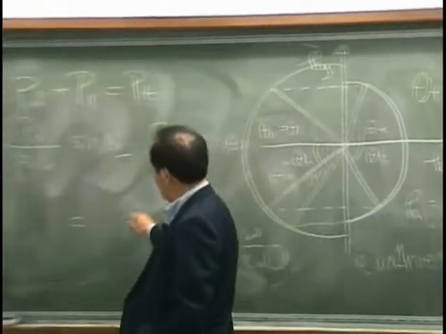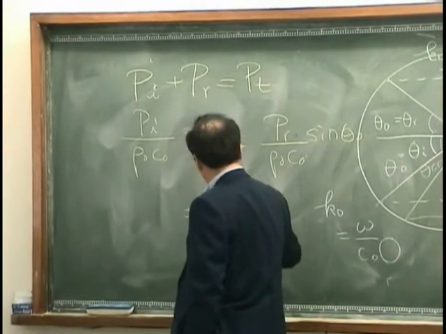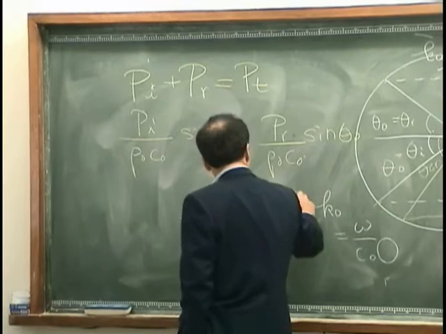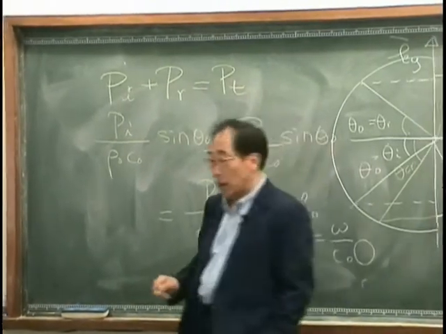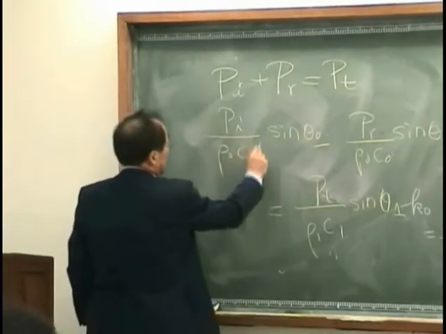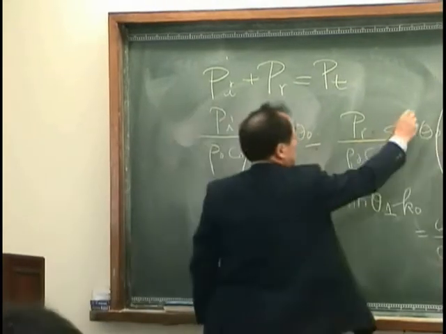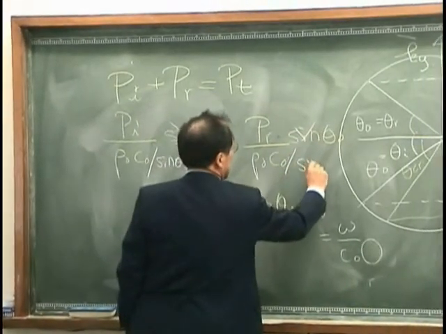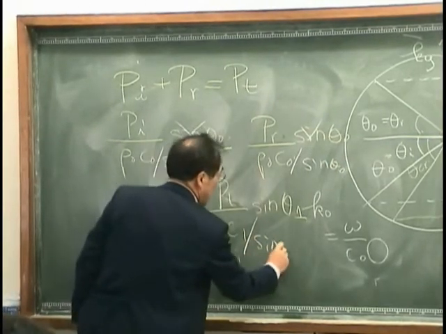And that has to be the same as P_T over rho 1 c1 sine theta 1. Therefore, I can write that this is over sine theta 0. This is over sine theta 0. And this is over sine theta 1.